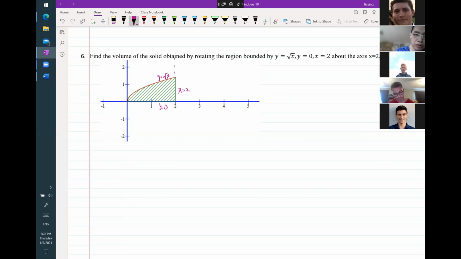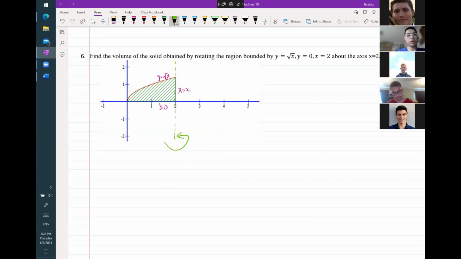So we're going to rotate about this green line 360 degrees. This will be the axis of rotation. So you have this shaded region, but you're going to rotate it around this line x equals 2.